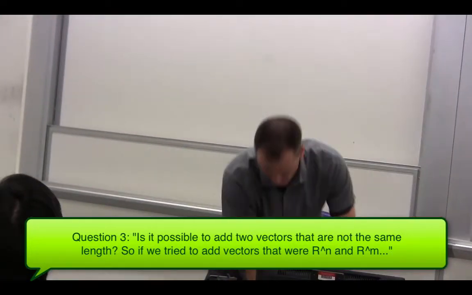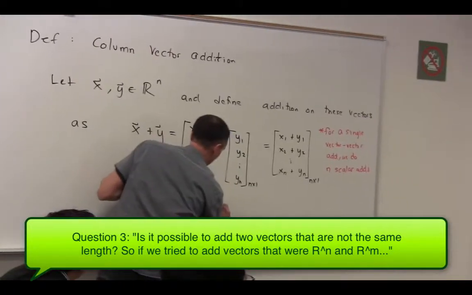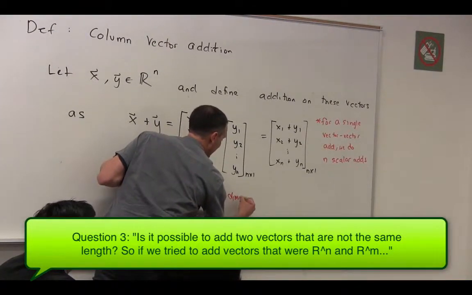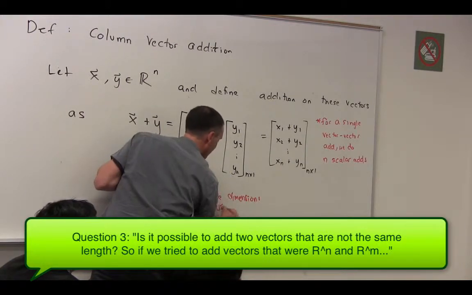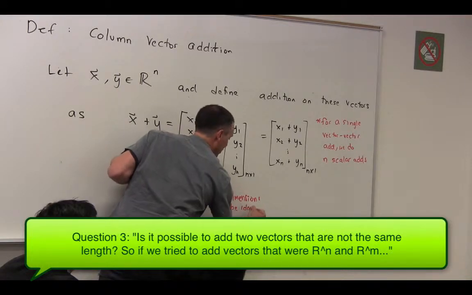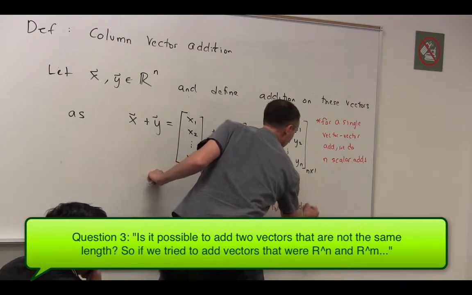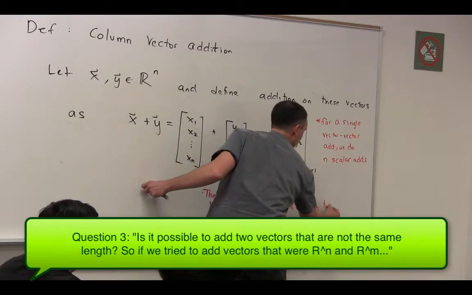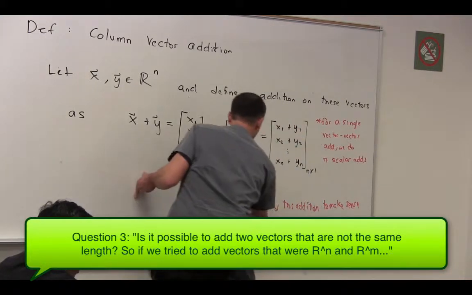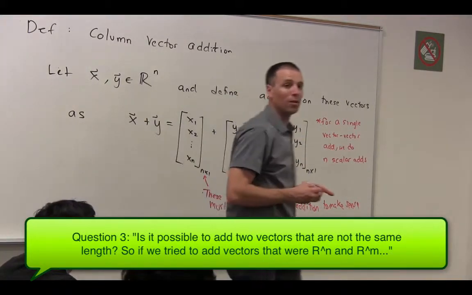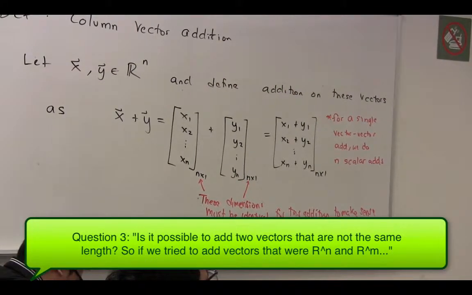No. That's a great point. These dimensions must be identical for this addition to make sense. If the dimensions are not identical, we don't have an addition operation that's defined on those.